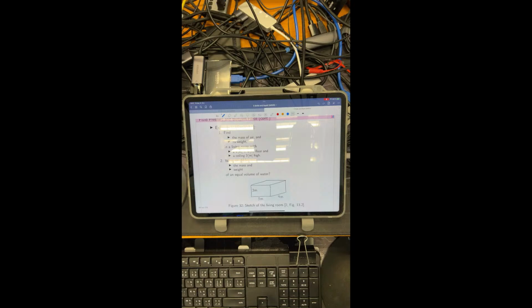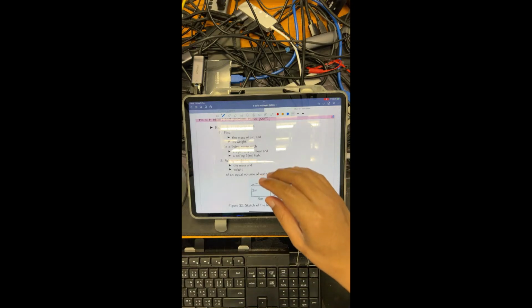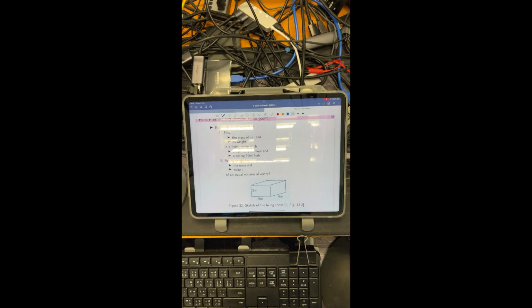Now we reach the first example about the calculation of the density. Find the mass of the air and the weight in a living room like this. Let's say it's a typical cubic room.